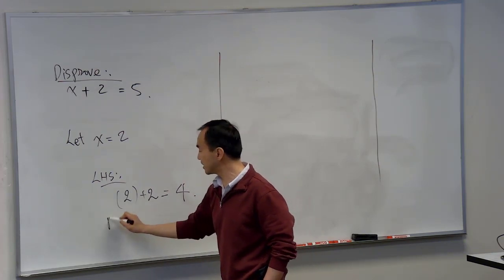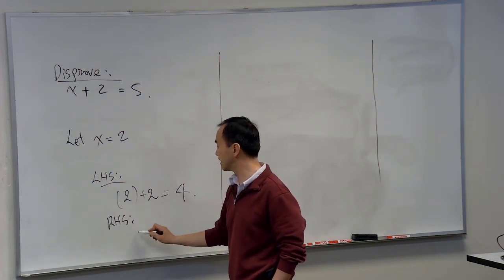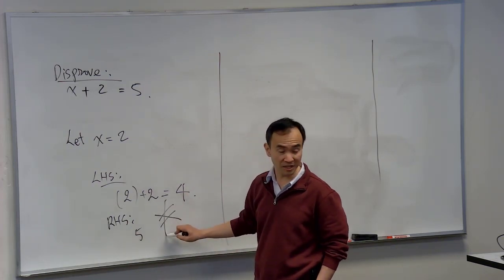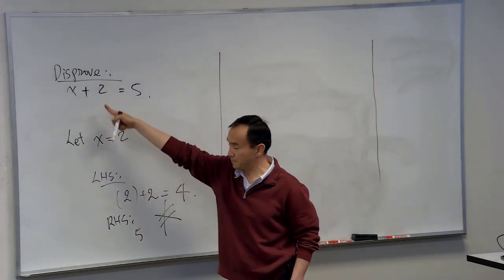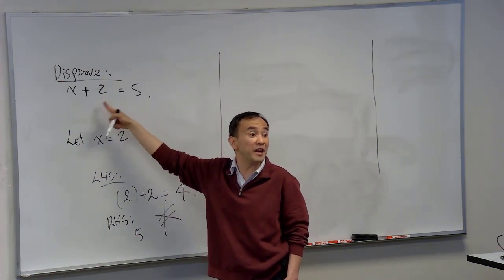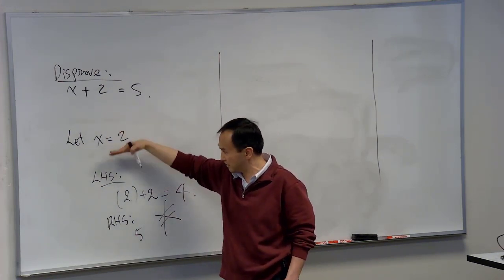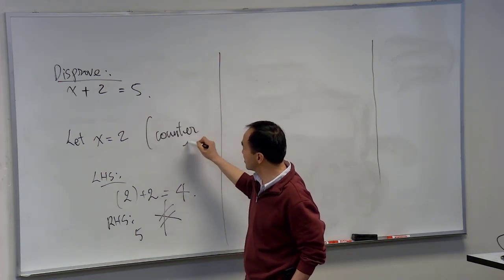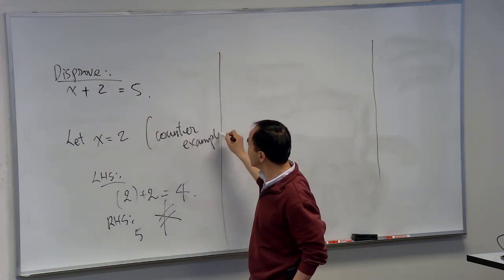But the right-hand side, on the other hand, is a 5. Are these equal? They're not equal. See what I mean? So the example that points out how the equality fails, we call this one right here a counterexample. See what I mean?